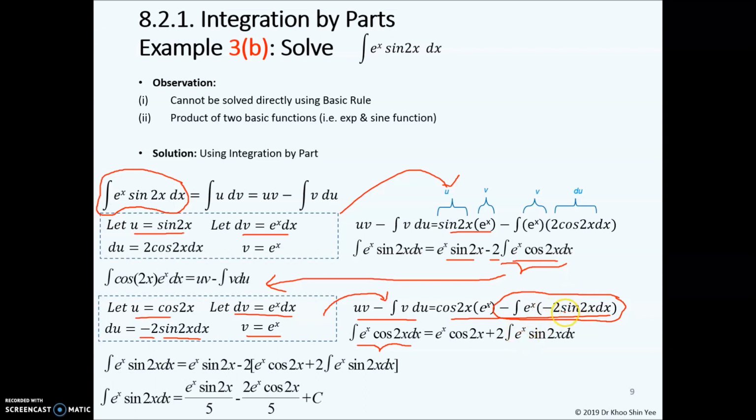So this term will remain, and the constant brought forward, you get plus 2. So we can substitute this equation inside this term, then we get this equation.